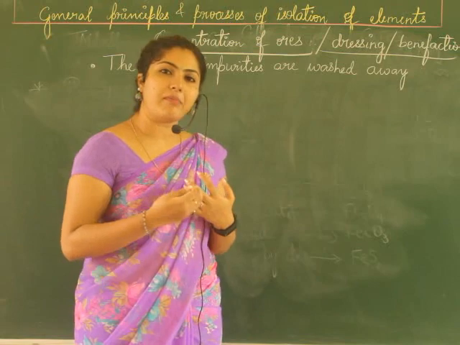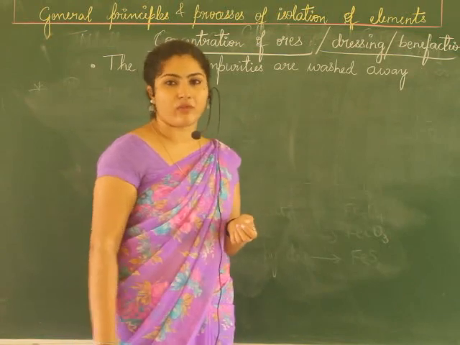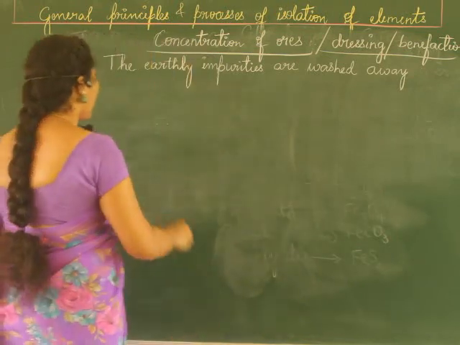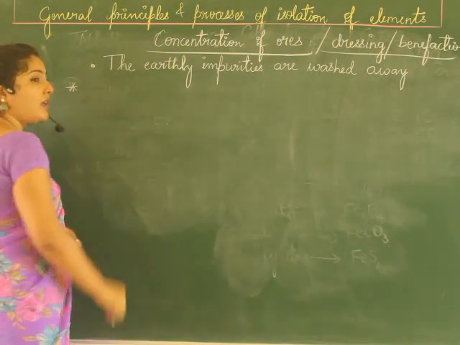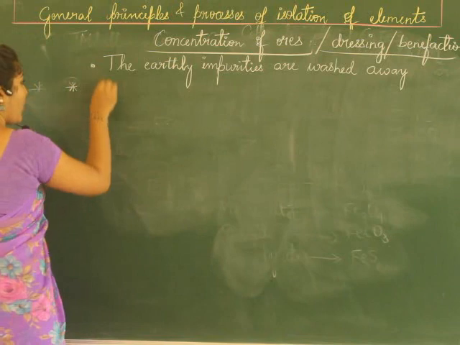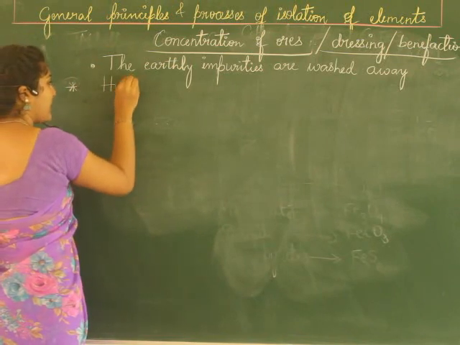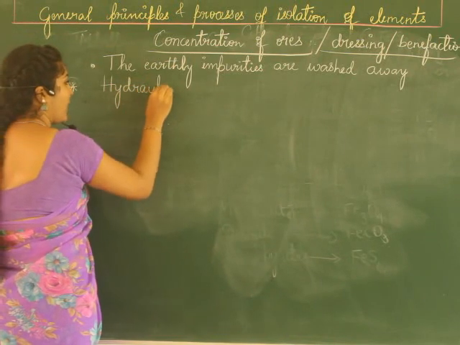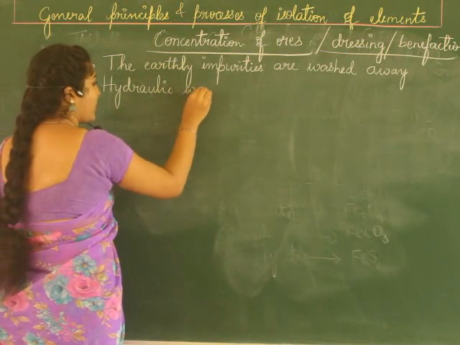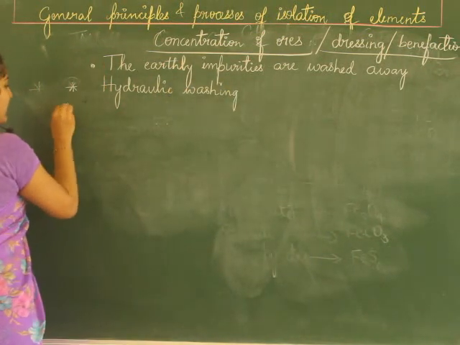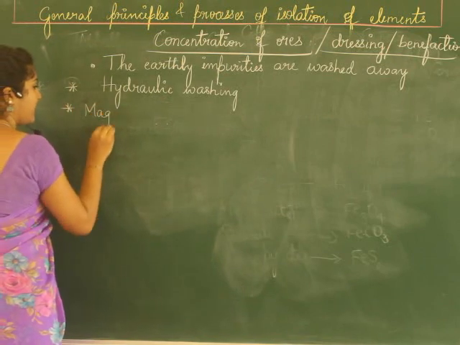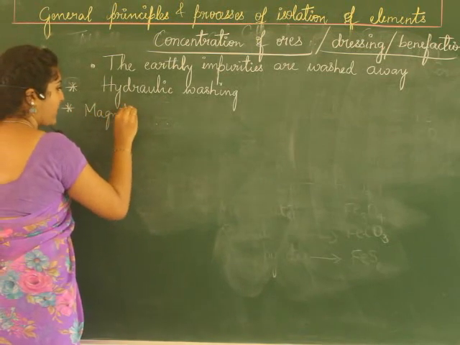Now let us see the different methods by which the concentration of ores can be done. The first very important method is hydraulic washing. First let me mention the methods, then I'll go along with it. Hydraulic washing. Second one is magnetic separation method.